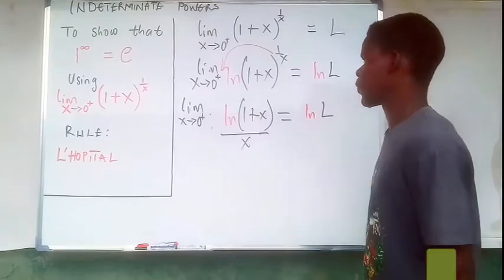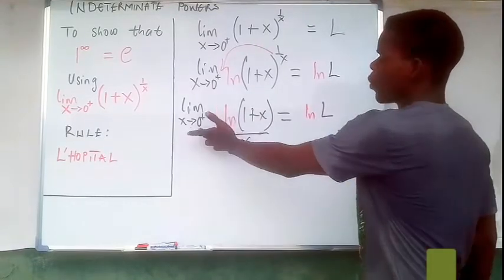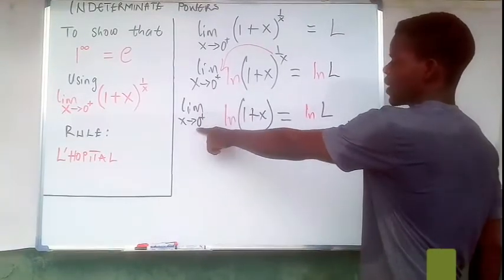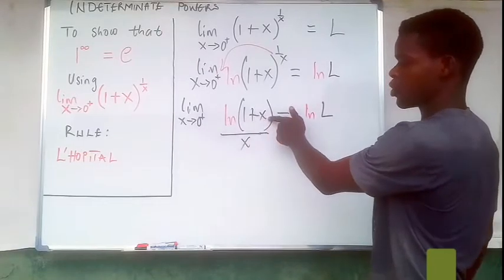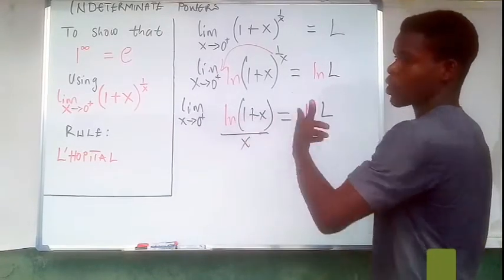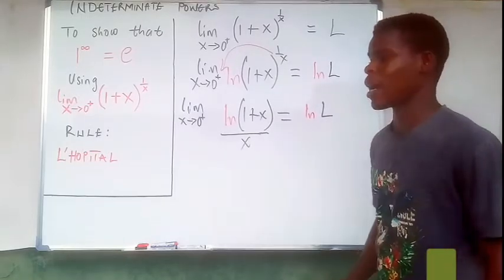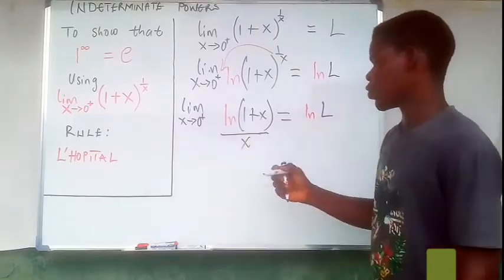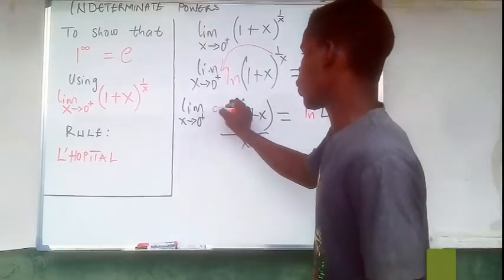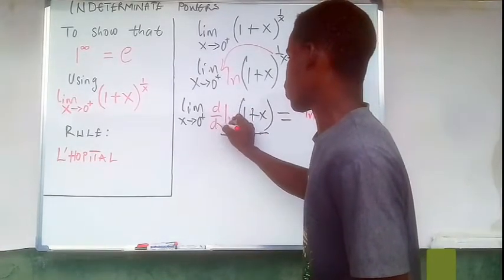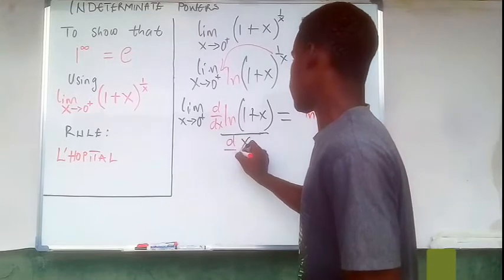Now, if we plug this value in again, as x approaches 0, 1 plus 0 is just 1. So ln of 1 is 0, over 0, that's indeterminate. So at this point, we can apply L'Hopital's rule, which says that we should differentiate both the numerator and the denominator of the function with respect to x.